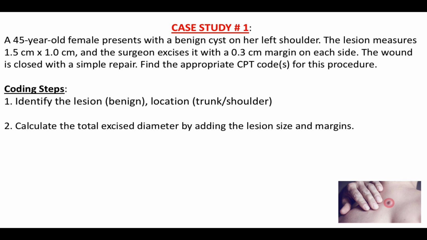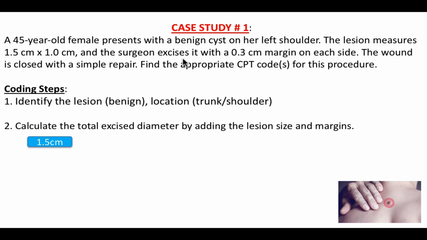Remember, this includes the lesion size plus the margin on both sides. Take a moment to do the math. The lesion measures 1.5 cm x 10 cm. So for coding purposes, we select the larger measurement, which is 1.5 cm.